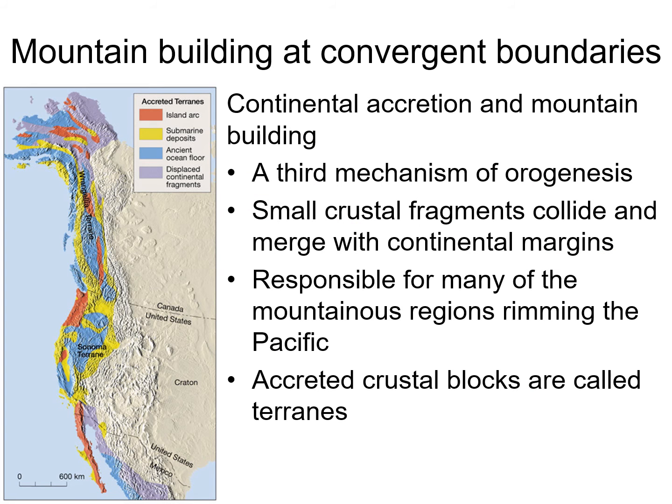Now, if we look at the west, we see a little bit of a different story. All these different shaded in parts here, these are parts of North America that did not start off as part of North America, at least stuff that has been added in the last 100 million years or so. And so we refer to these as accreted terranes, and you can see that title up there.